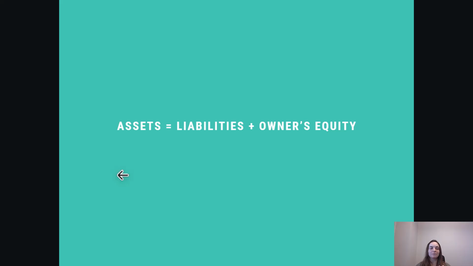Owner's equity is an estimate of, if you have all of these assets and you sell them and you get cash for what is on the books, okay, so the value on the books, and you pay off all the liabilities for the exact amount that's on the books, you're left with owner's equity. It's kind of your share of the assets after you pay off your liabilities.